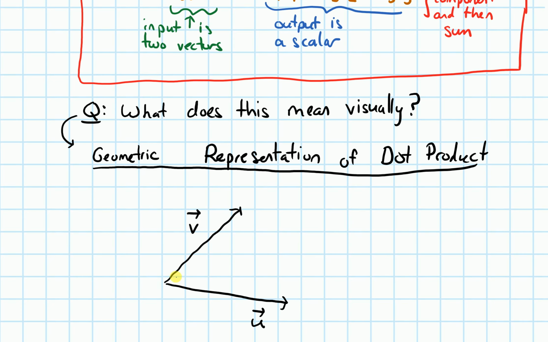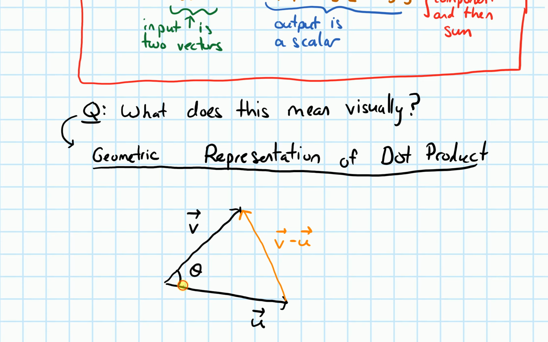I've drawn them so that their tails start at the same point, and I'm going to say that this angle is some angle theta. Now I'm going to draw one more vector that connects the head of u to the head of v. And this vector is v minus u.